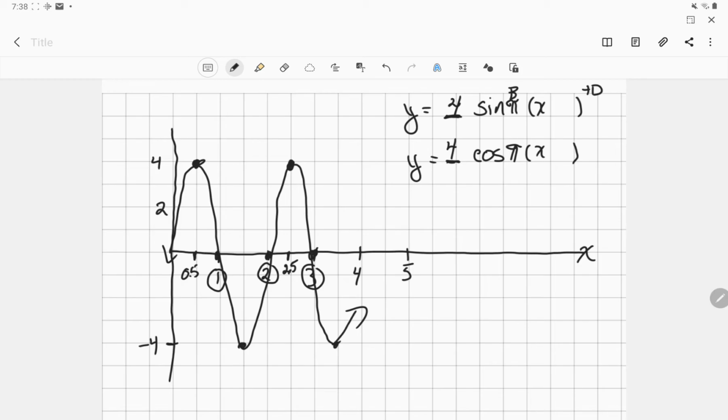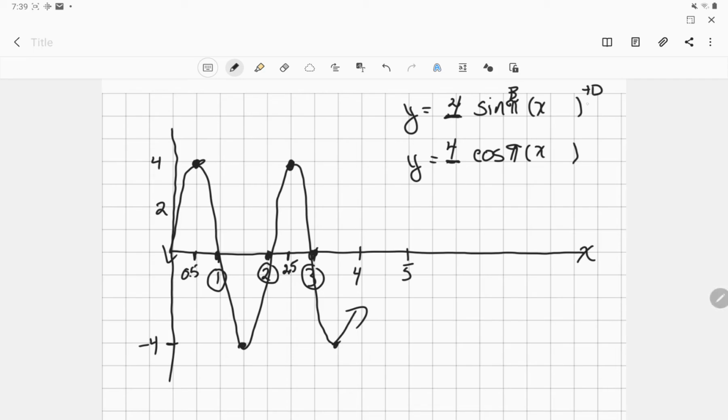So the D is the vertical displacement. How much has it been moved up or down? So when we look at this, it says that the amplitude is 4, which would imply that the crest should happen at 4. And when I look, the crest does happen at 4, which means it has not been moved up or down at all.